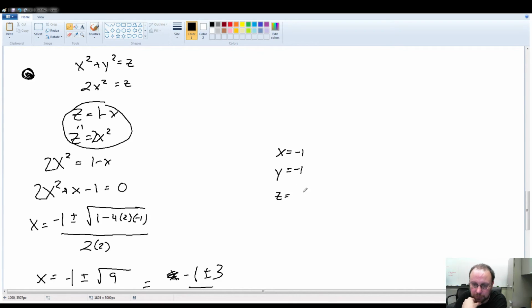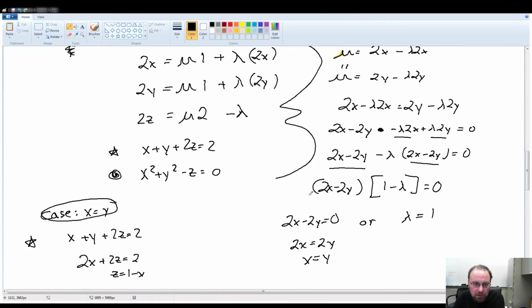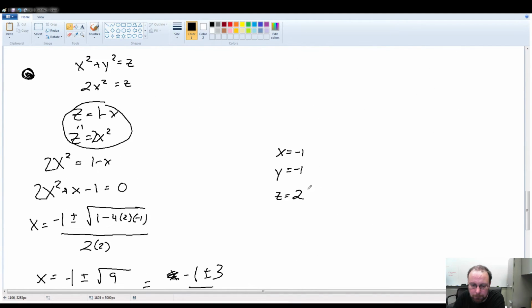Both of those equations give me the same value of z. That works out. Cool. Well, that's one critical point.